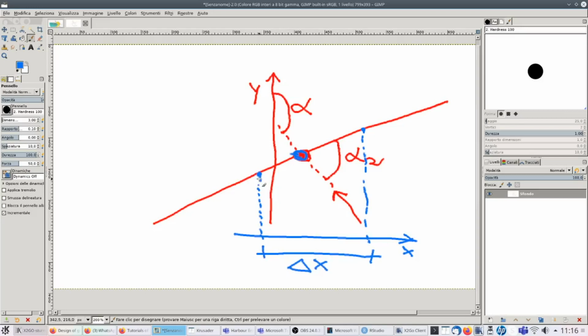It's the difference between, if this is my coordinate double I, this is double I plus 1, and this is double I minus 1. Perfect. And it is a similar figure with respect to what we got in the PDF.